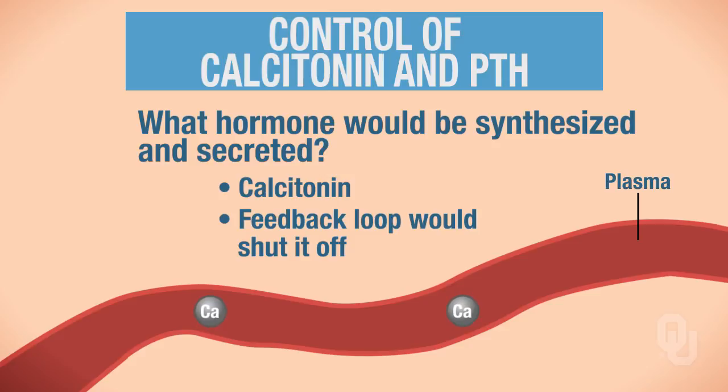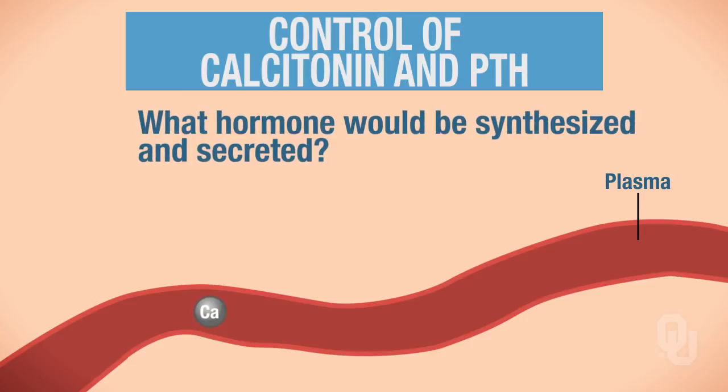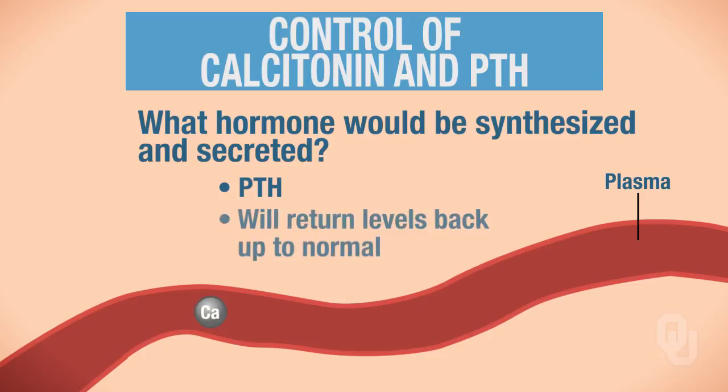Now let's assume that you have too little calcium in the plasma. What hormone now would be synthesized and secreted? Hopefully you said parathyroid hormone. When parathyroid hormone is synthesized and secreted, that will bring the blood calcium levels back to normal as well. So you have a normal concentration of calcium in the plasma. Once those levels of calcium are back to normal, the synthesis and secretion of parathyroid hormone will stop.